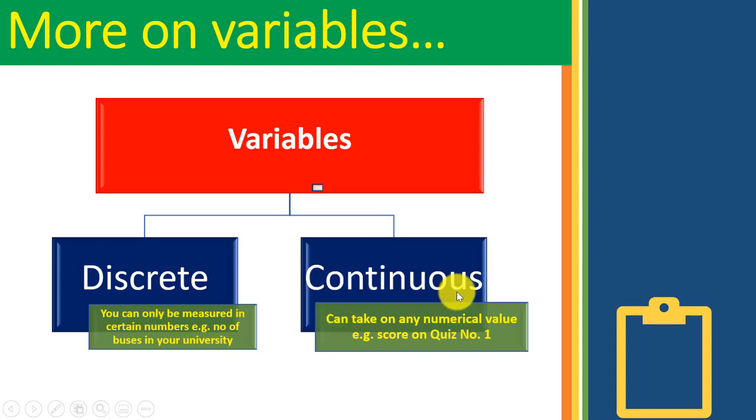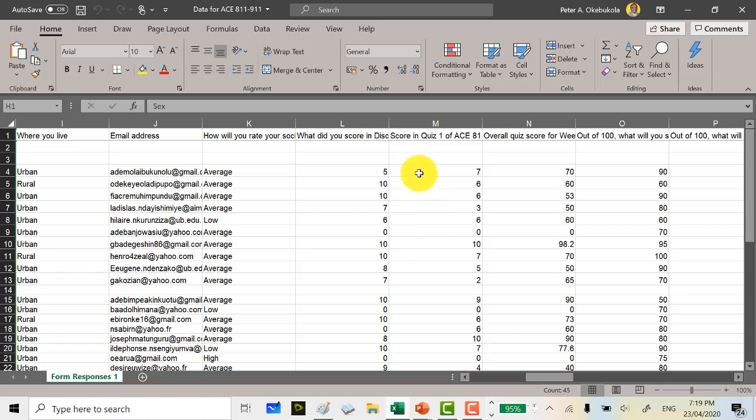Now there are some we call continuous variables. These can take any kind of numerical value, like the score on quiz number 1. Let's look at that data again. Score on quiz 1 can be 7, 6, 8, it can be 8.5, 9.5. The data the Moodle platform, a virtual learning environment, generated were in decimal places.